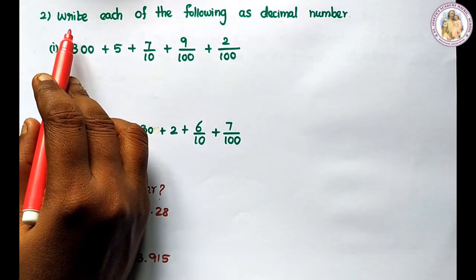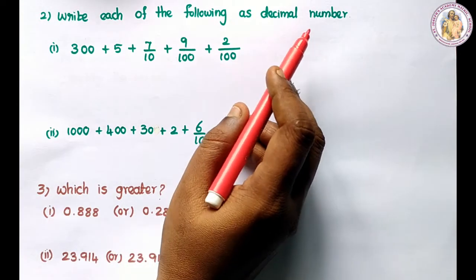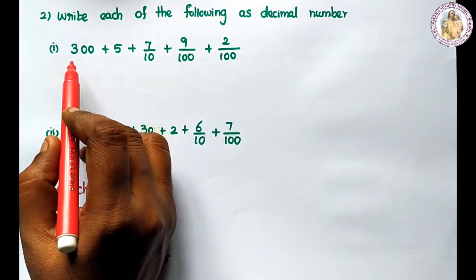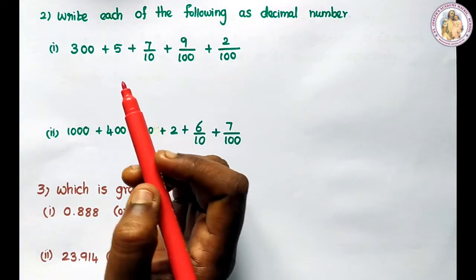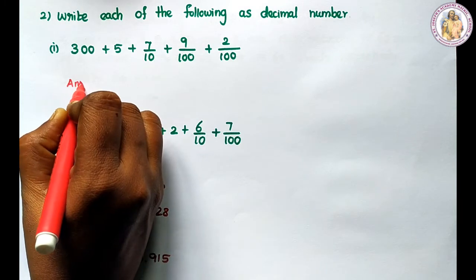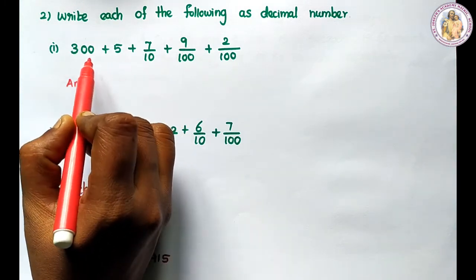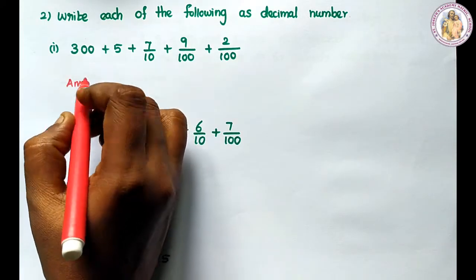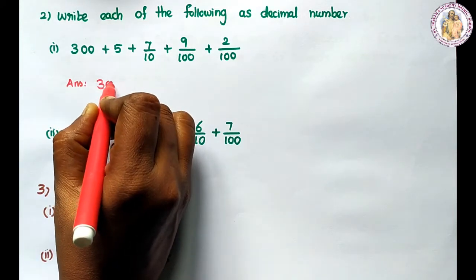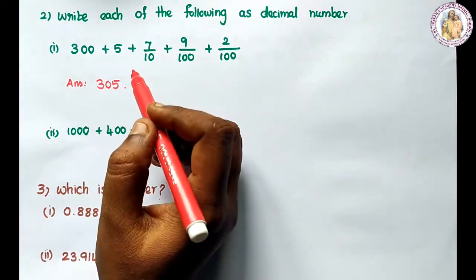Second sum, write each of the following as decimal number. Listen here, decimal number means with the point. So answer, first one, 300 plus 5. These are the whole numbers. So add these numbers, we get 305. These are the decimal part.